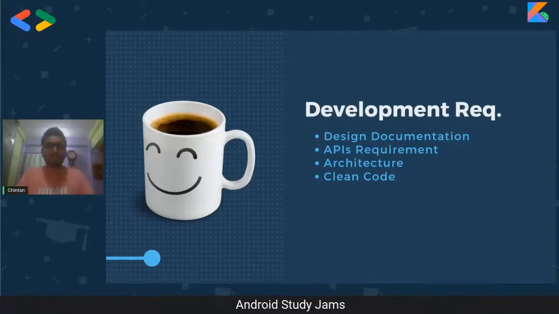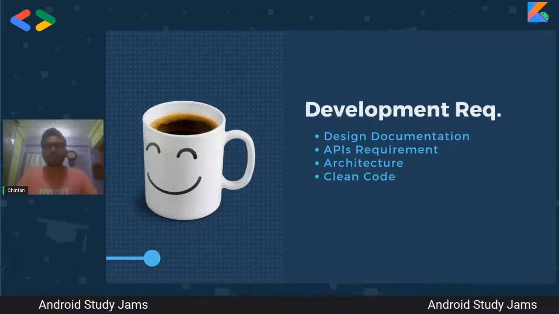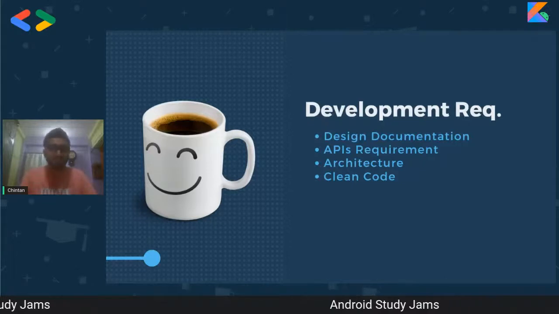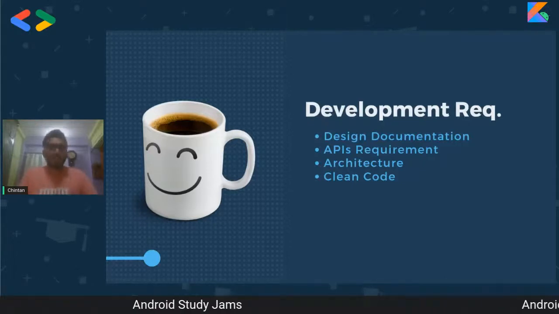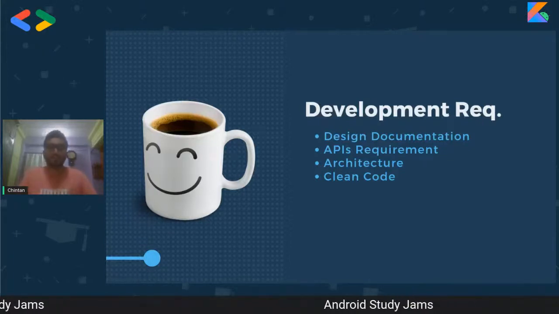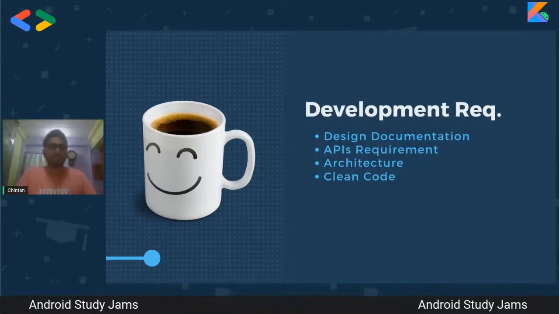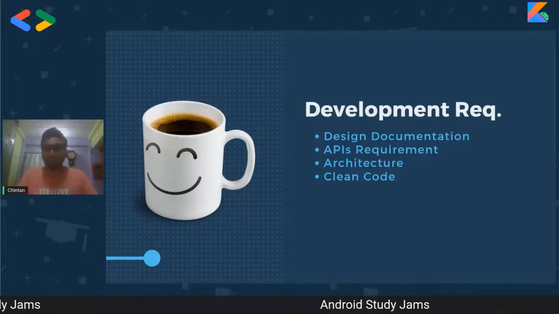For that, you will require design documentation to convince your senior, or maybe to bring everything on paper, whatever is going on in your mind. Suppose you are building this grocery feature, so what will you require? You will say you require an API which shares the list of nearby grocery stores. Then you will require the UI for showing the grocery items.